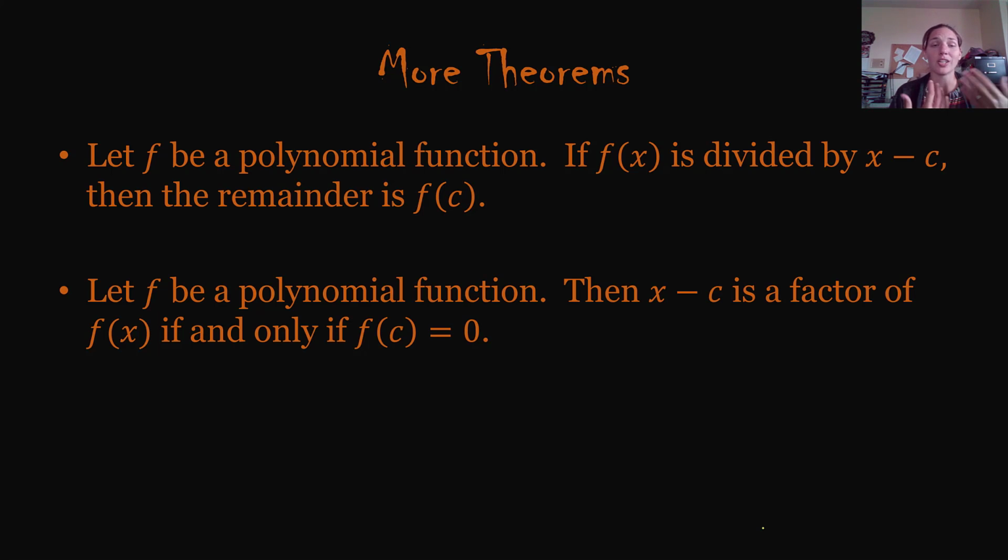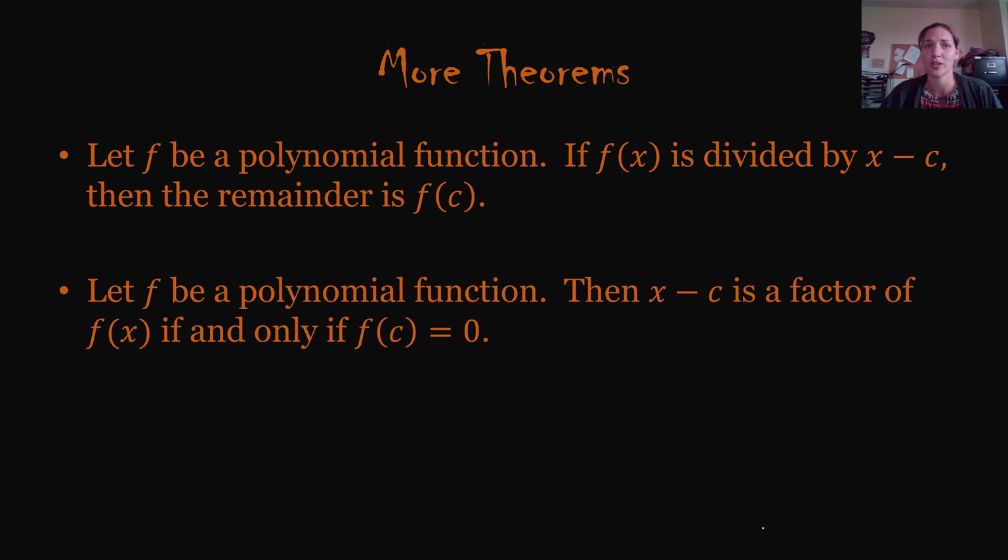And that means then that if I want to know if this x value is a 0 of the function, I can sub it in. And if it is, then I can divide by x minus c. Or if I've already done the division, then my remainder is whatever that division would have been. So these are some nice fast ways, especially because we don't always want to do synthetic division.